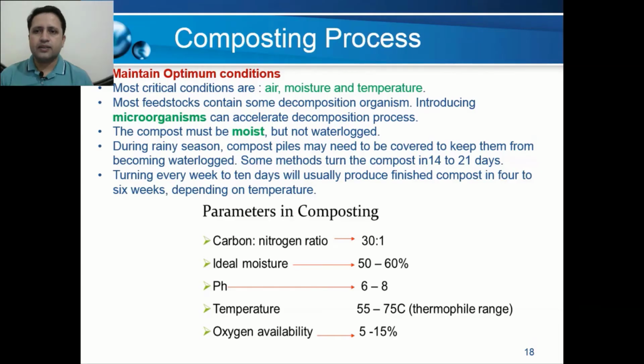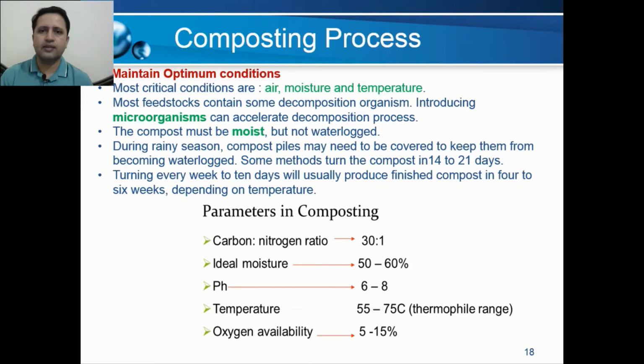Another important step is to maintain the optimum conditions for the composting process, and the most critical conditions are aeration, moisture, and temperature. Most feedstock contains some decomposition organisms, and introducing microorganisms can accelerate the decomposition process.